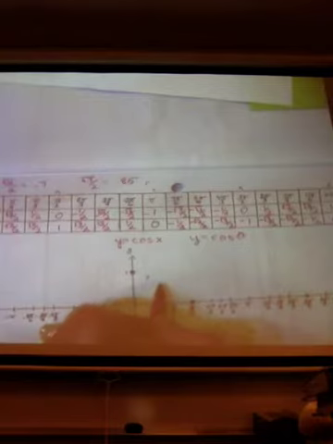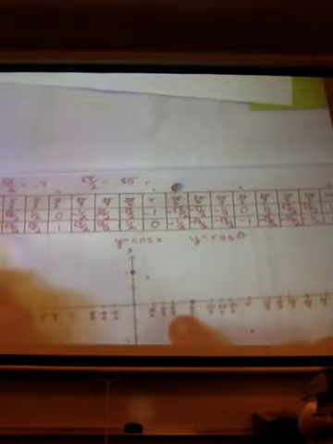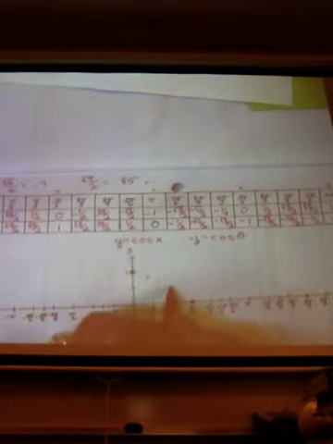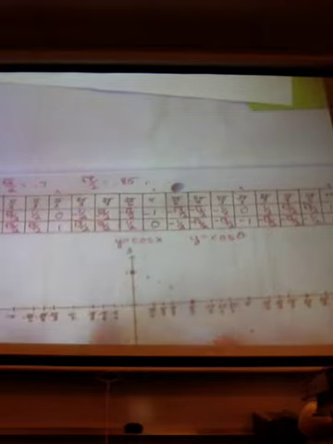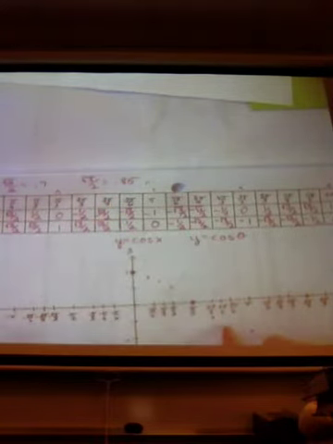At pi over 4, it's at about 0.7. Remember, this is 0.5 here. At pi over 3, it's at 1/2. At pi over 2, it's at 0. At 2 pi over 3, it's at -1/2, so it goes down here. At 3/4 pi, it's at -0.7.